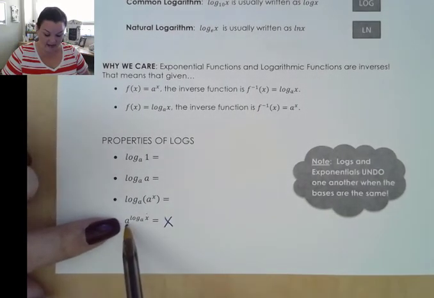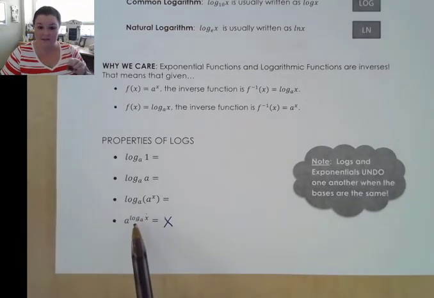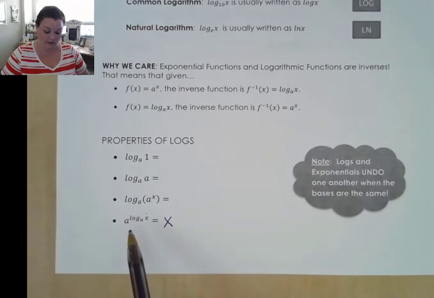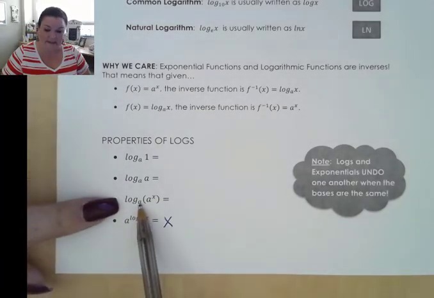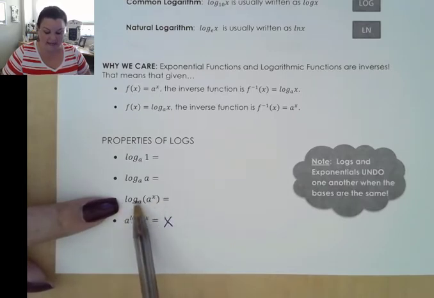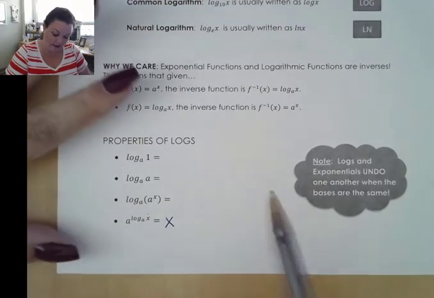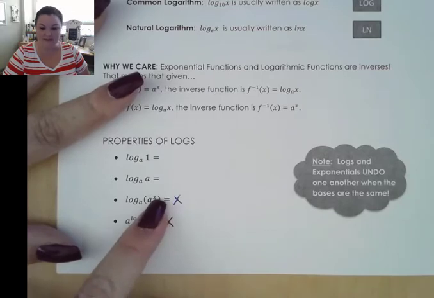So if I have an exponential base a evaluated at log base a, those cancel, just like a square and a square root, okay? It also works the reverse way. If I have log base a, and inside my log base a, I have a to the x, then log base a and a will cancel. And again here, I'm just left with x.